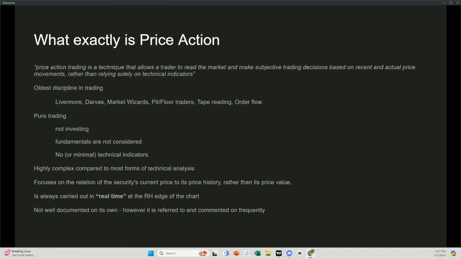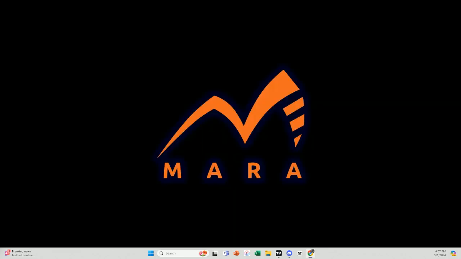And it's not particularly well documented on its own. There are no real seminal textbooks or resources to go to around price action. It is, however, referred to and commented on frequently throughout some of the classic texts, but it's never really fully explained. So you see it being referred to, this price action and that, but they never explain what they mean by that.